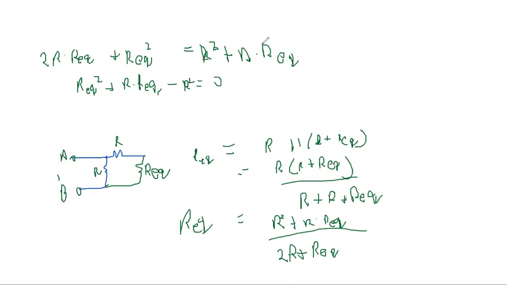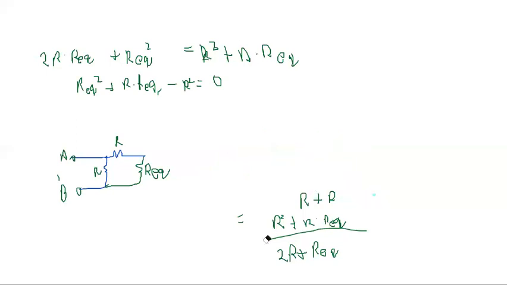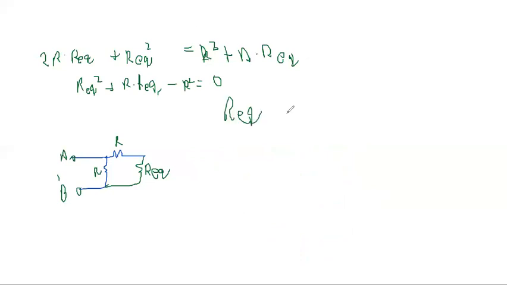So now if you apply Sridharacharya formula, you can find out the value of R equivalent. R is a known quantity, the value of R is given, and R equivalent you need to find out. So if you apply the formula, you get R equivalent is equal to minus R plus minus square root of R square, minus of minus 4 means plus 4 R square, divided by 2.